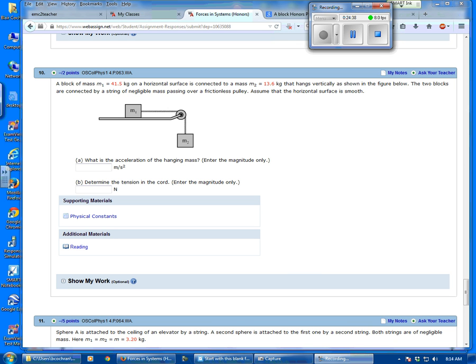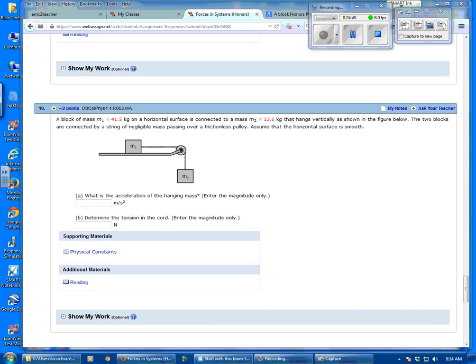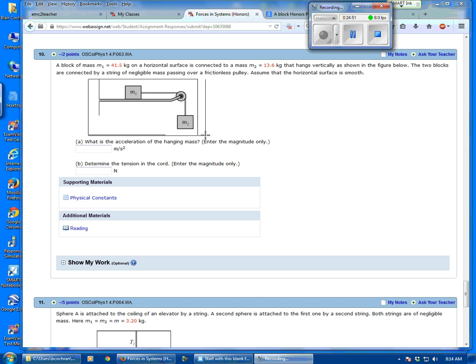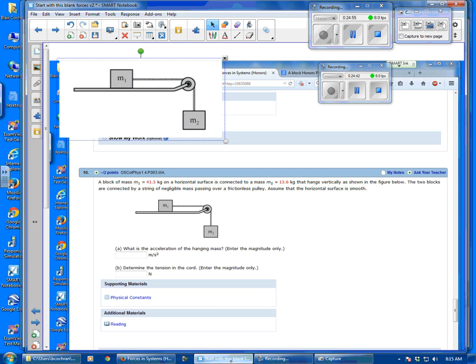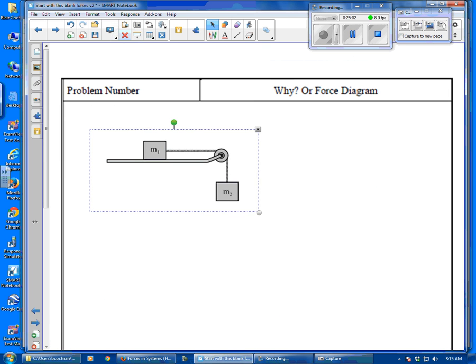So let's capture that image. So again, how many force diagrams am I going to need? 3, because I got the system plus 2 bodies.